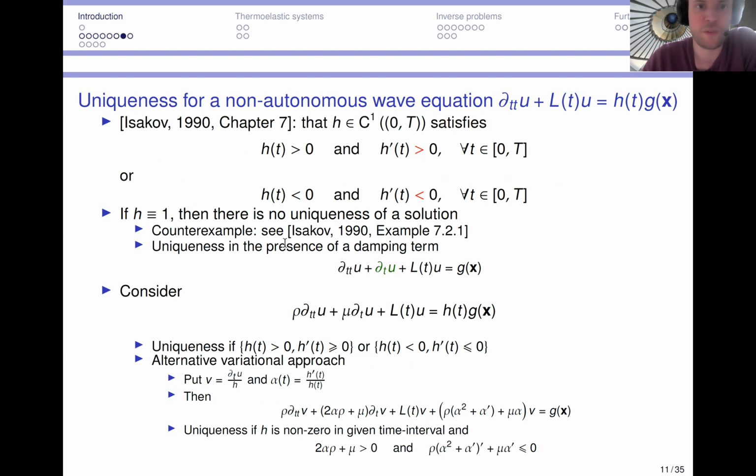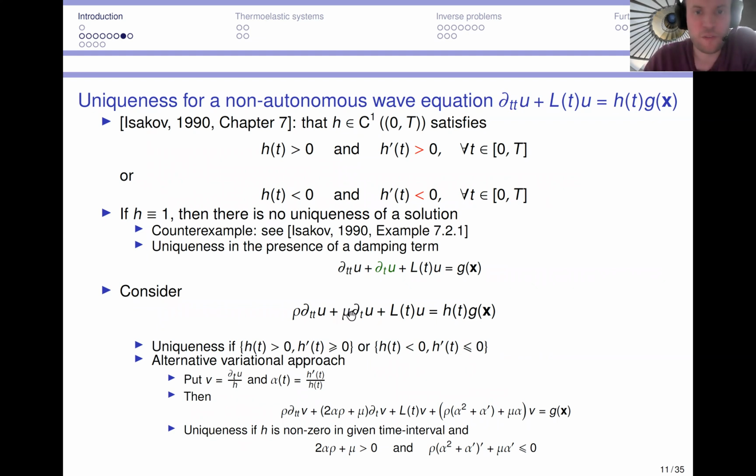There's a counterexample constructed by Isakov, and there is uniqueness in the case that there is an additional damping term in the equation. So if we look at a more general wave equation with coefficients rho and mu here in front of the time derivatives, then we have uniqueness under these two classical conditions. So also constant h is included when the coefficient mu is non-zero.